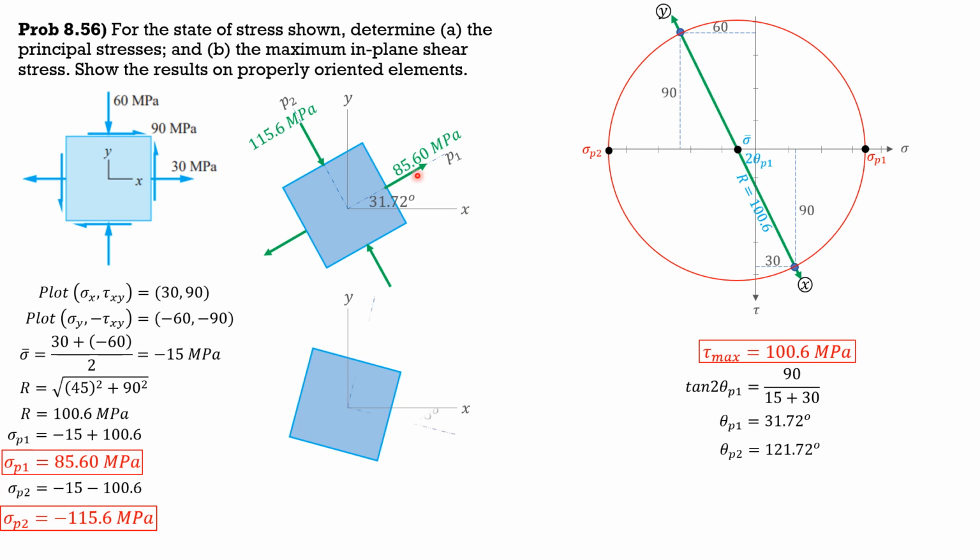So 45 degrees minus 31.72, so this is 13.28 degrees, 13.28 degrees clockwise from the x-axis, plus 31.72 is 45 degrees.